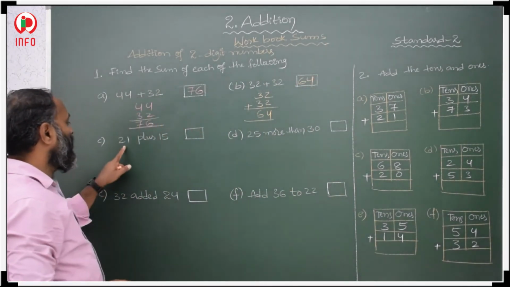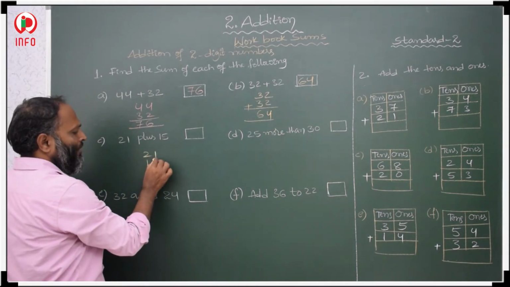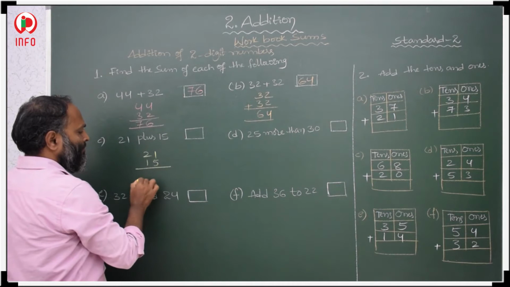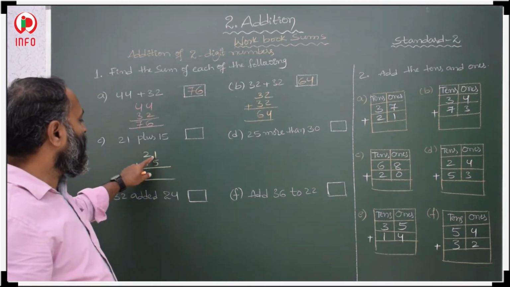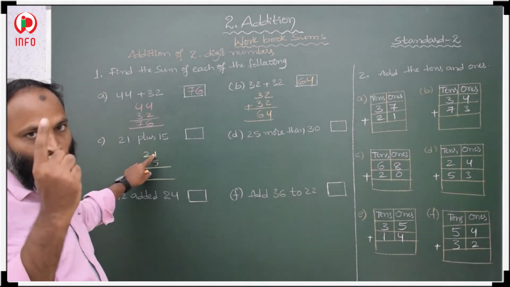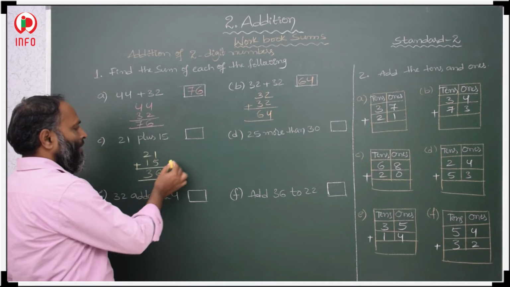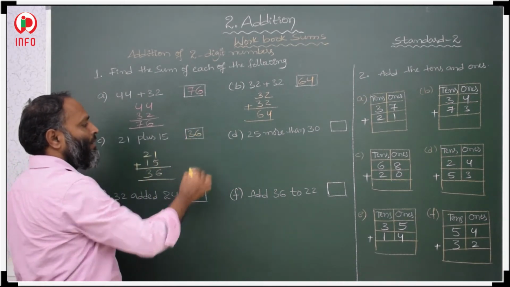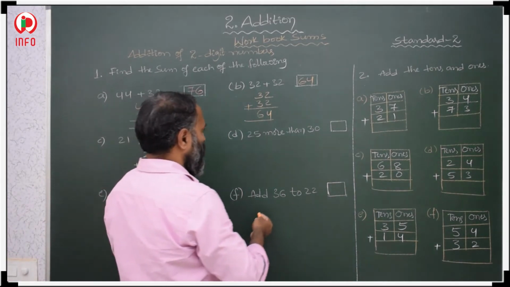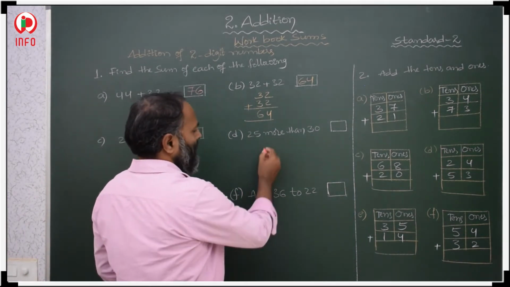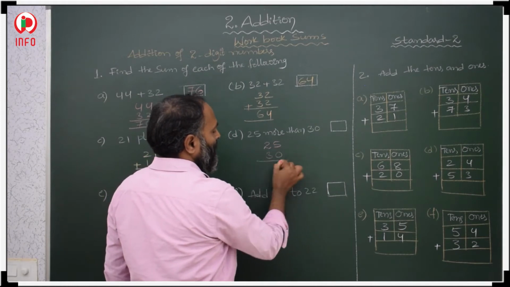Next, 21 plus 15 means 21 and 15 we have to add. Then 5 plus 1, 6. 2 plus 1, 3. Here the answer is 36. Here, 25 more than 30. 25 more than 30 means plus. 25 and 30, we have to add.